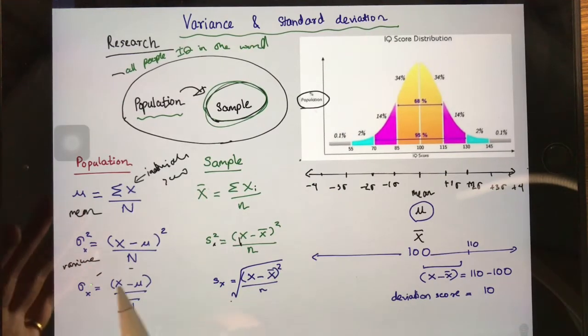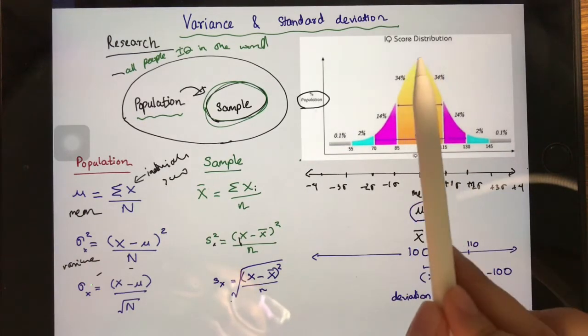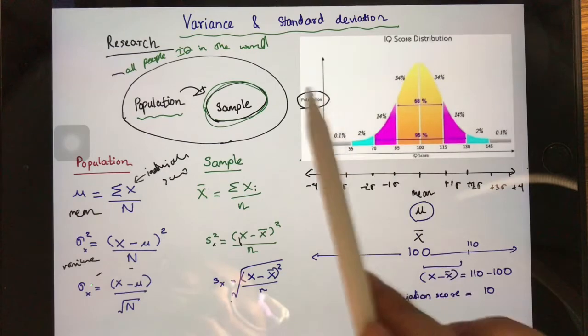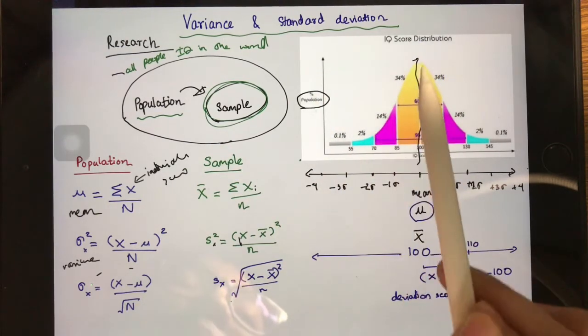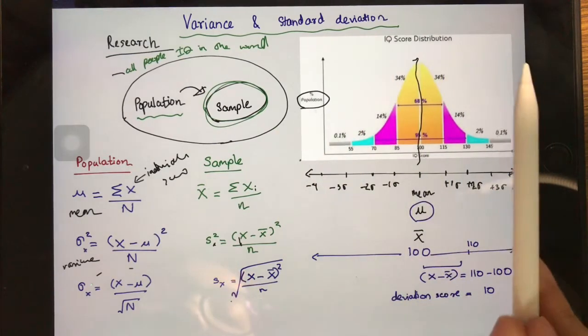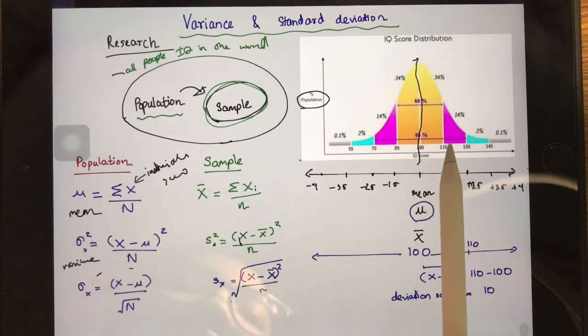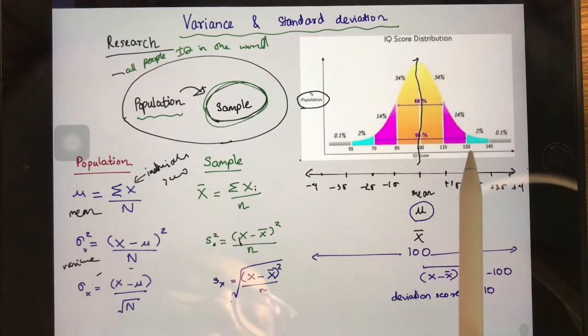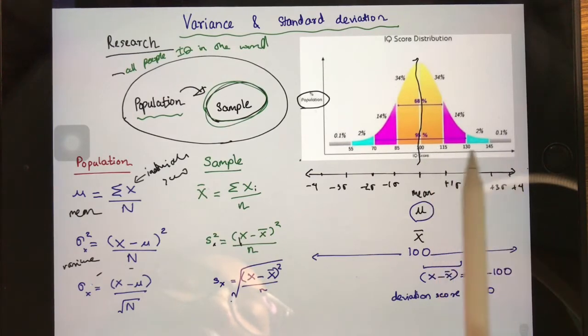Variance is basically a measure of how much your data varies away from the mean. So in here, this is your mean, right? It's just measuring how much your data varies away from the mean. In order to measure that, we have to know how far away from the mean each score is.